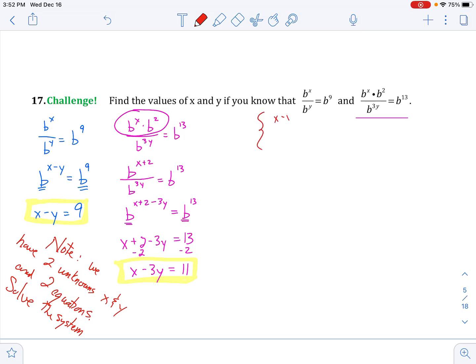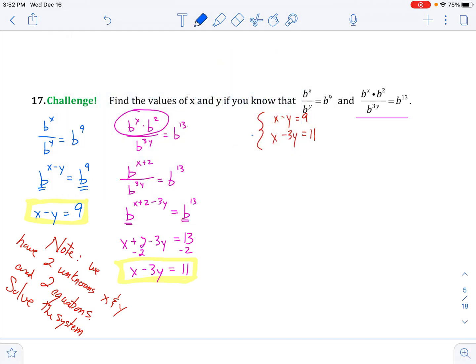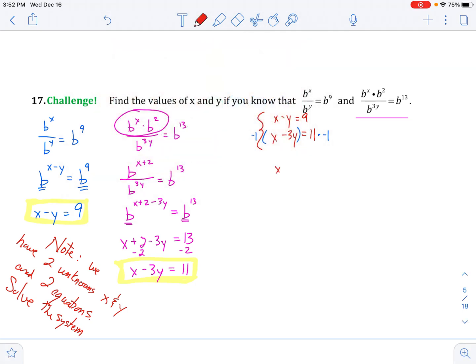So this is x minus y equals 9. This is x minus 3y equals 11. I think the easiest way to do this problem for me, the way it's laid out, is to use what is called linear combination. If I do that, I am going to multiply the bottom equation by -1.